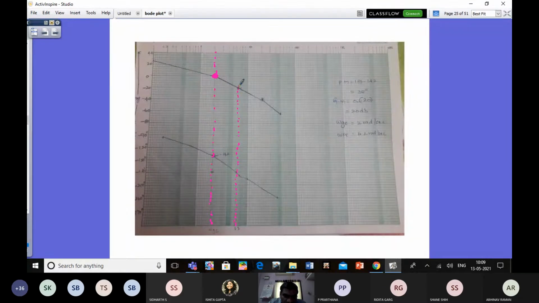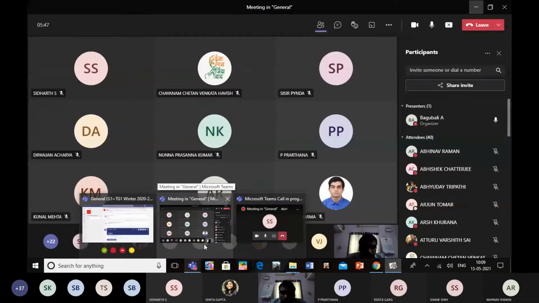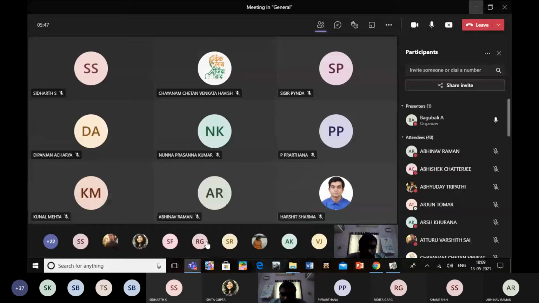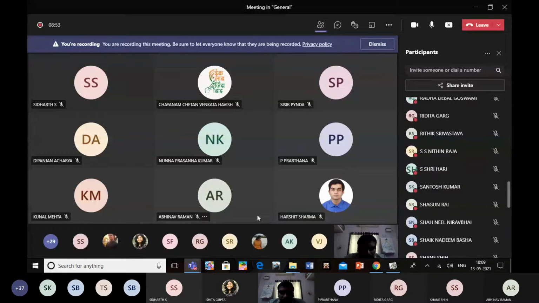Hello my dear. Arshit, all are sleeping. Why? You are not opening your mouth. Sisir, Siddharth, Prarthana, Gunal, Arjun, Deepika, Ishita, Mohit, Srihari.